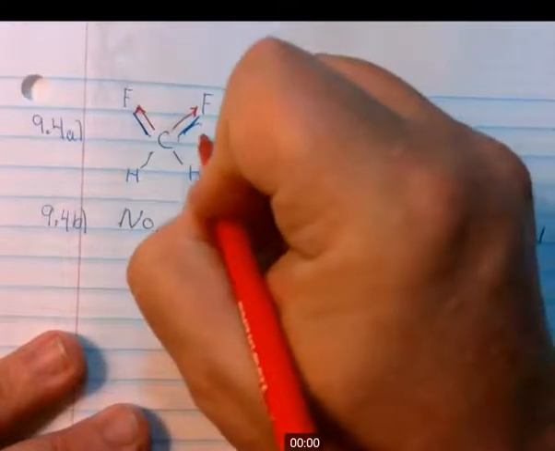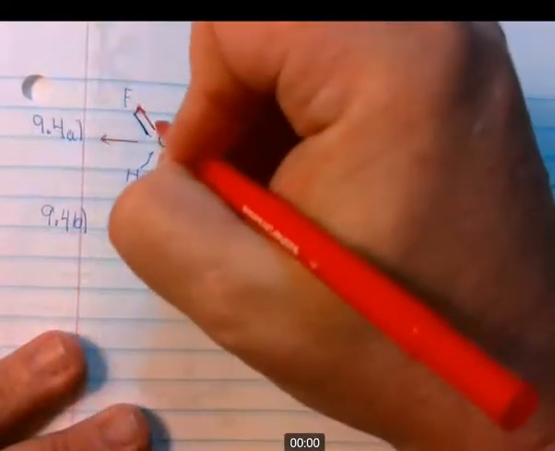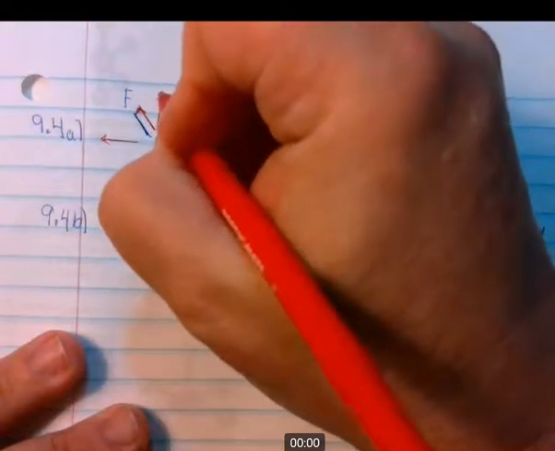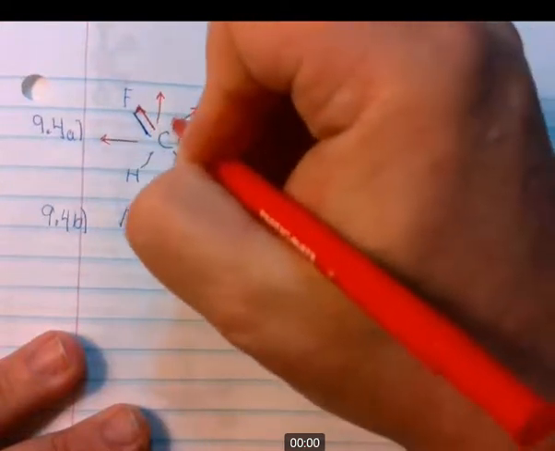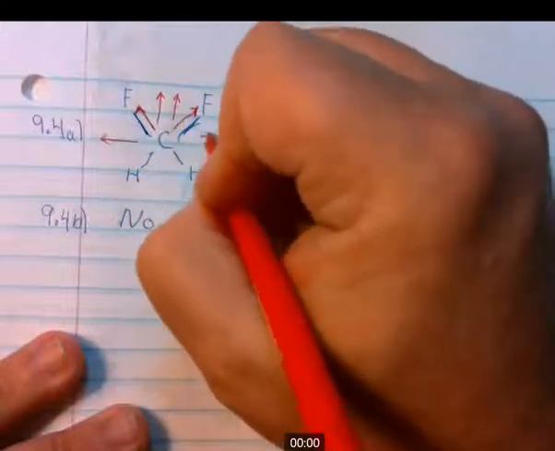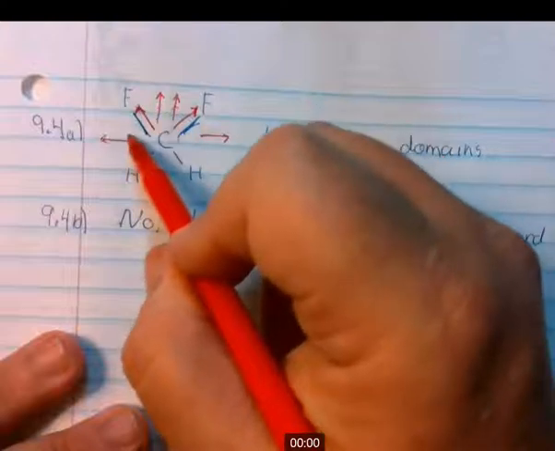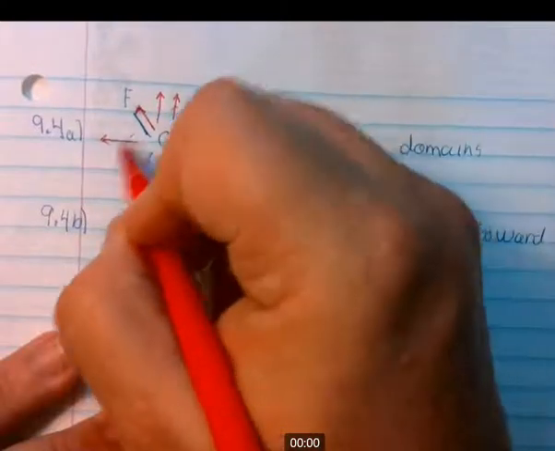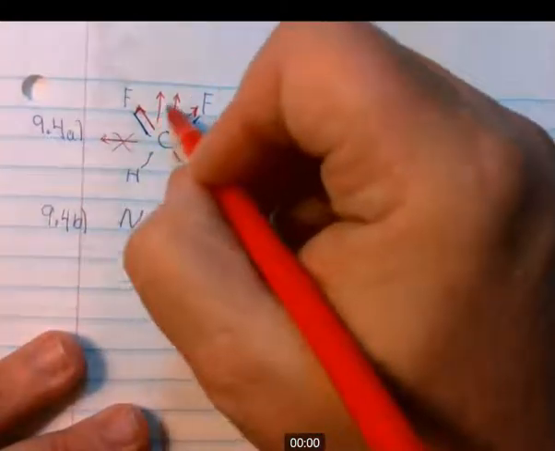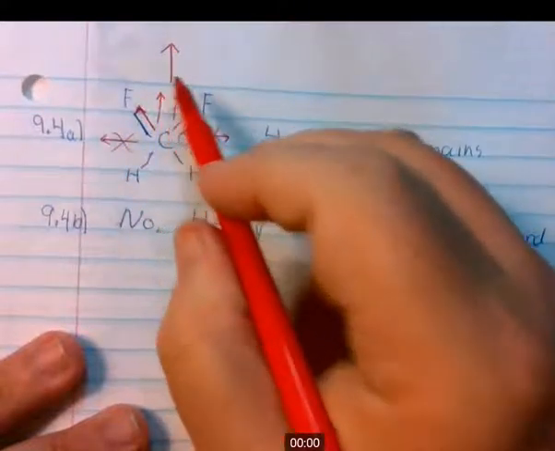If we break those into components, we have one arrow going this way and one arrow going this way, and then on the y-axis an arrow going up, and on this y-axis an arrow going up. So I'm taking this vector and breaking it into these two components, and I'm taking this arrow pulling towards the fluorine and breaking it into these two. These two cancel out because they're equal and opposite, but these two add together, so you have a net upward dipole like that.